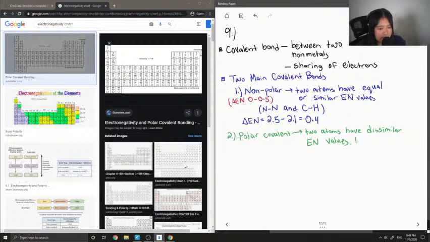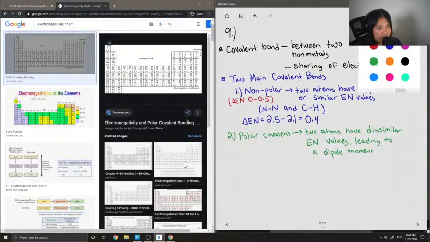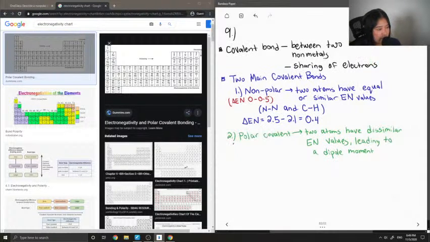Then this leads to a dipole moment. And its electronegativity difference range is around 0.51, so above that, to around 1.69.